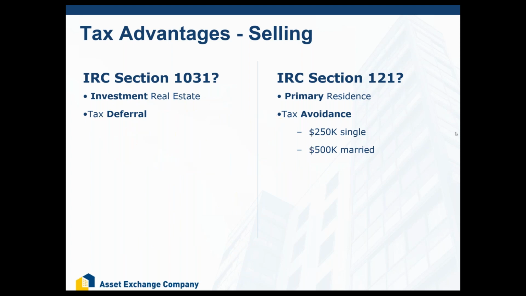So a couple important lessons that you can take away from this webinar. You can use 1031 exchange together with the homeowner's exemption, and you can defer, die, or completely eliminate your tax liability. Now, you're thinking, well, geez, this isn't good for me. I want to have some cash.